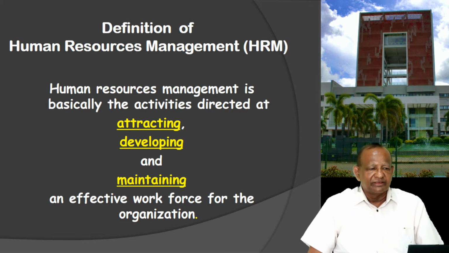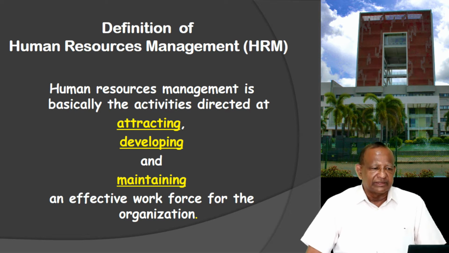So what is human resources management? A definition. Science students like to have a definition on everything. This slide shows the definition of human resource management, which comes from management theories.